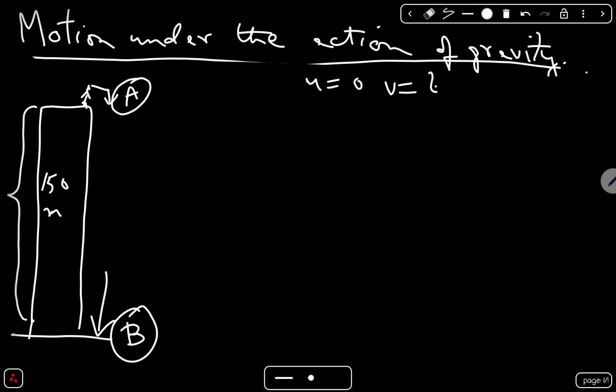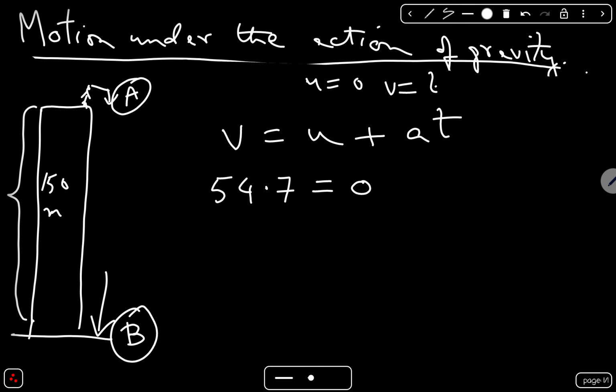Now they have asked us the time taken to reach the ground. For that we will use the formula V is equal to U plus AT, and the acceleration will be taken as positive since it is coming downwards. Final velocity we have just calculated was 54.7 meters per second.